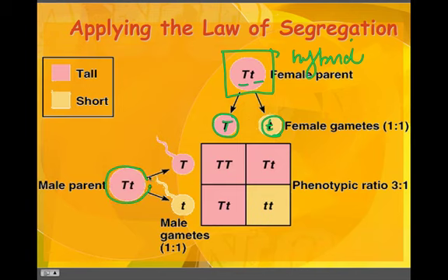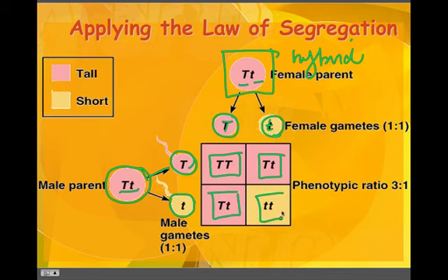Dad is also a hybrid. In one of his sperm, one has a big T, and the other individual sperm has a little t. So that when they make the children, these are the possibilities that could be seen in the children.